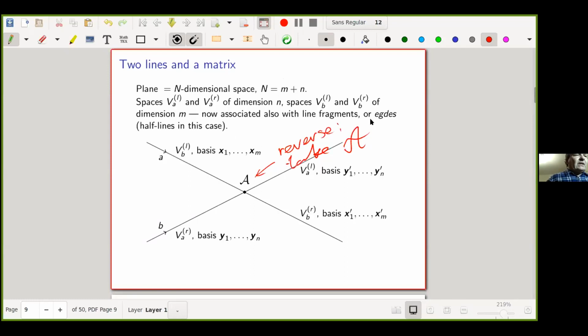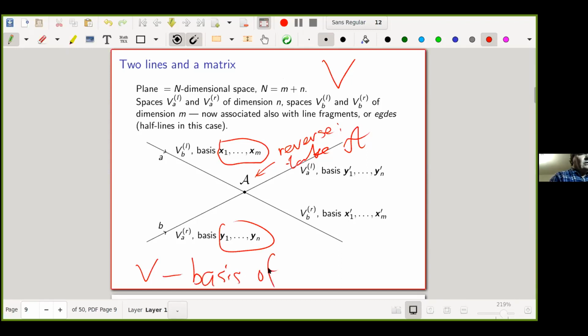What you have first is just this A. Then you say that let there be a space V whose basis is composed of some m plus n vectors, and call them like this.